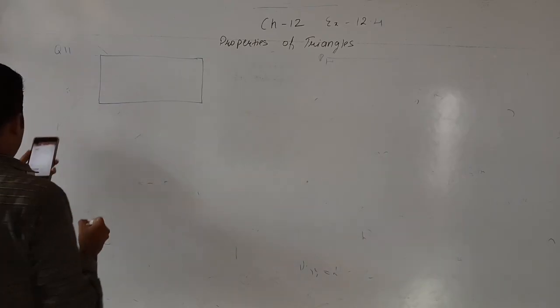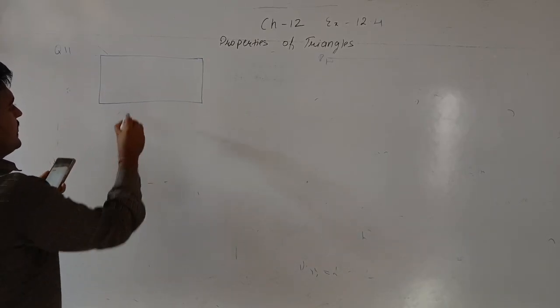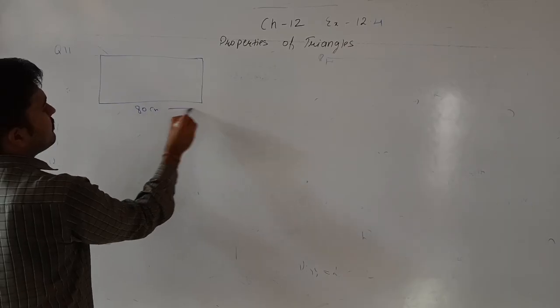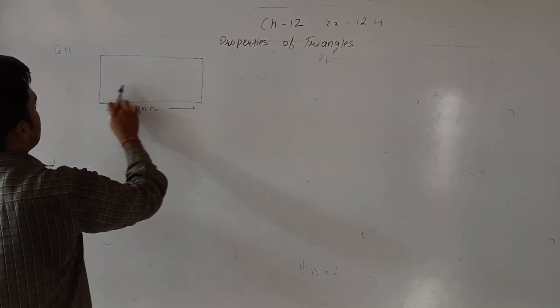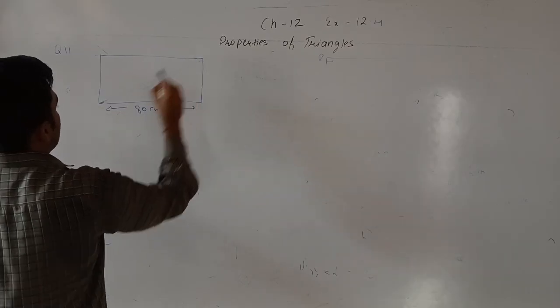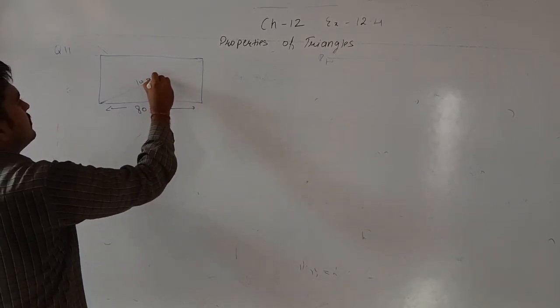So this is a picture frame. Picture frames are rectangular in shape. The length is given as 80 centimeter, and its diagonal is 100 centimeter.